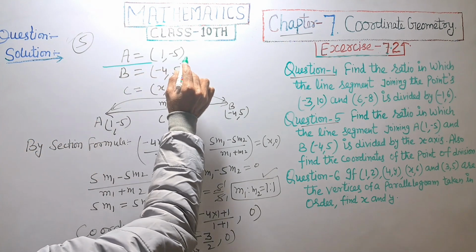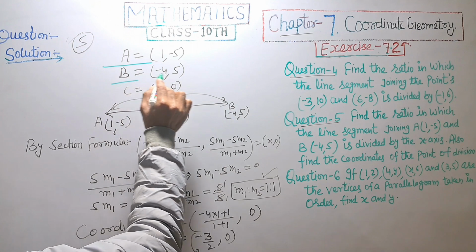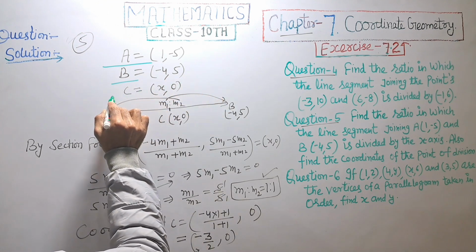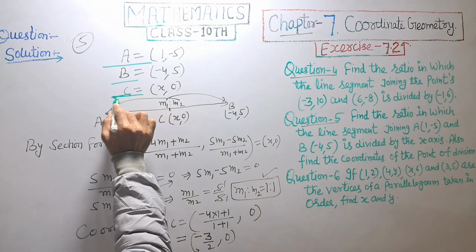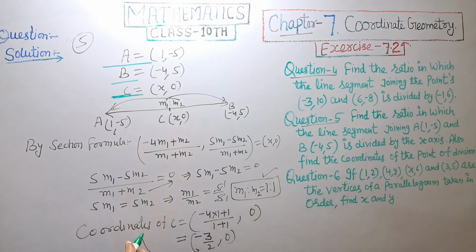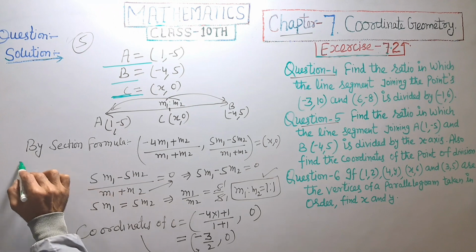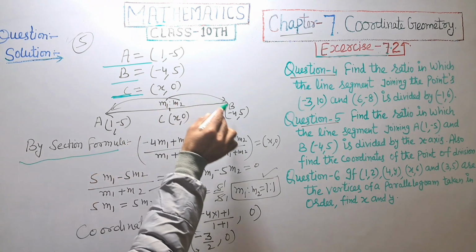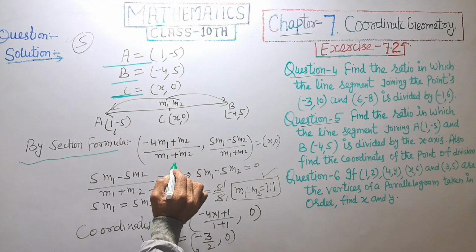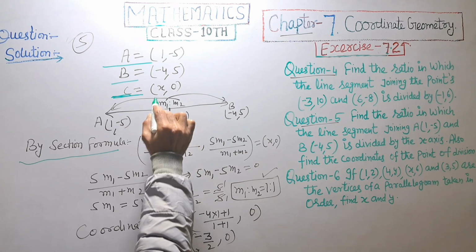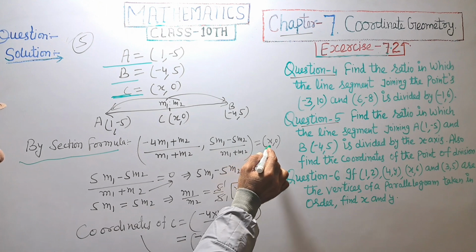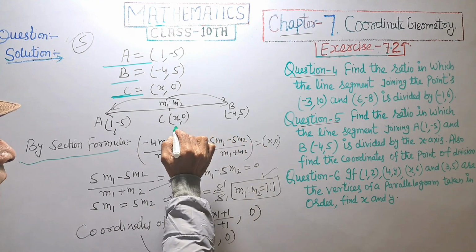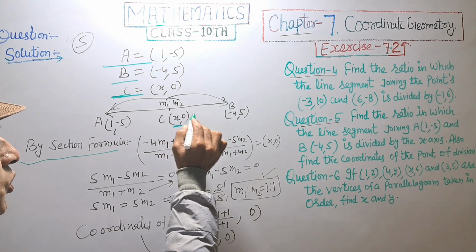A is equal to (1, -5), B is equal to (-4, 5), and the point C divides the x axis, so C is equal to (x, 0). Using the section formula, (m1 x2 plus m2 x1) upon (m1 plus m2), and second part, (m1 y2 plus m2 y1) upon (m1 plus m2), that is equal to (x, 0).